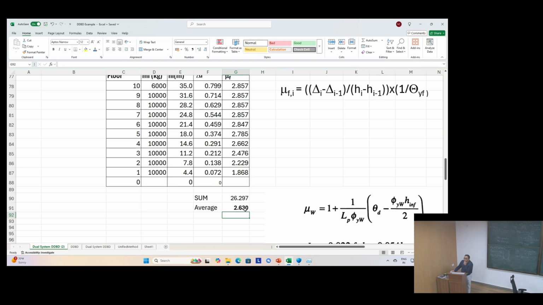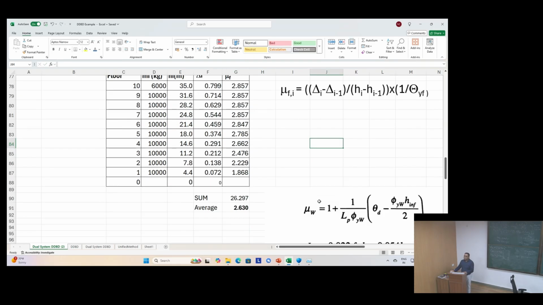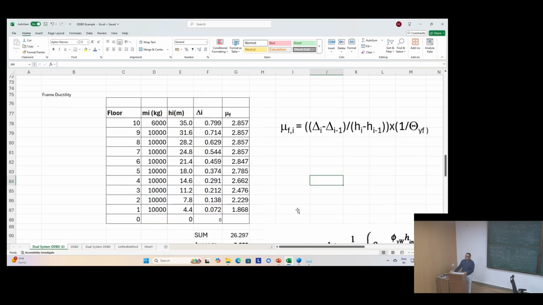I'm getting 2.63. Anyways, your ductility increased, right? And that's for the frame.